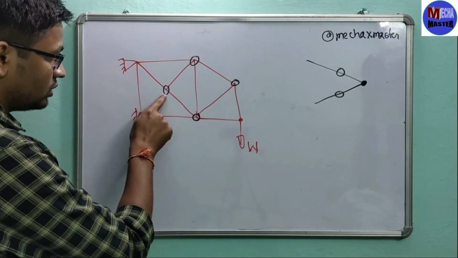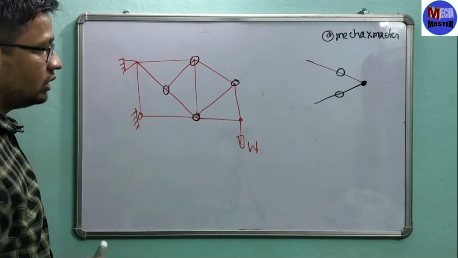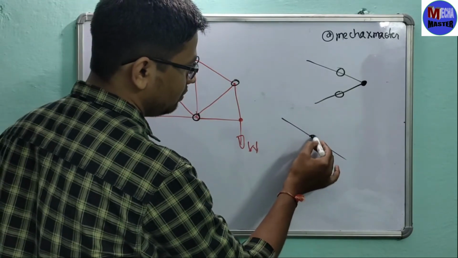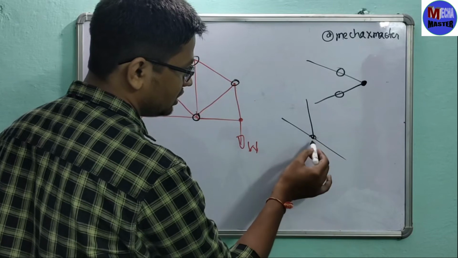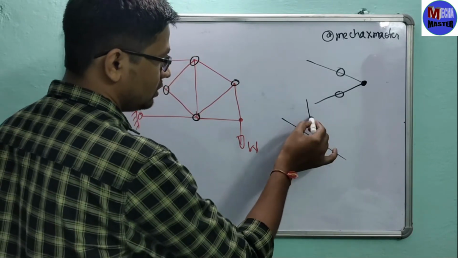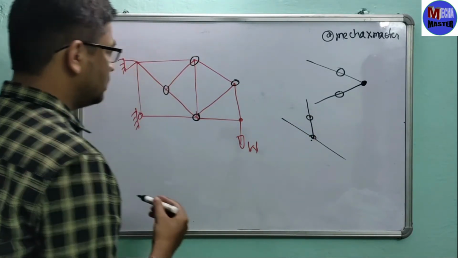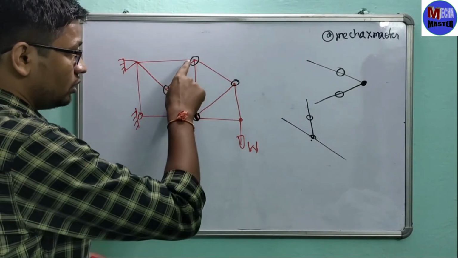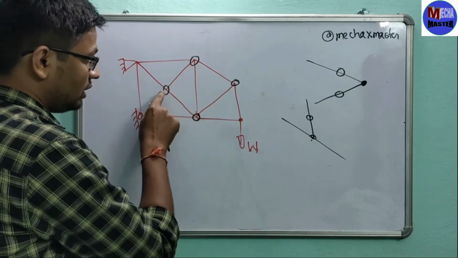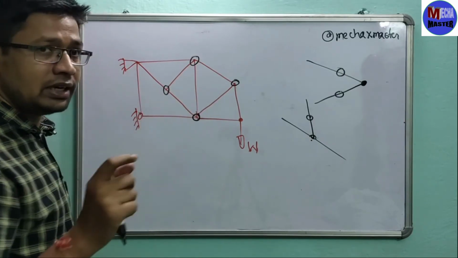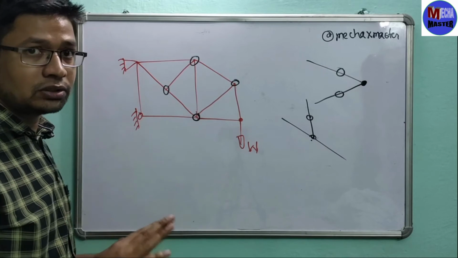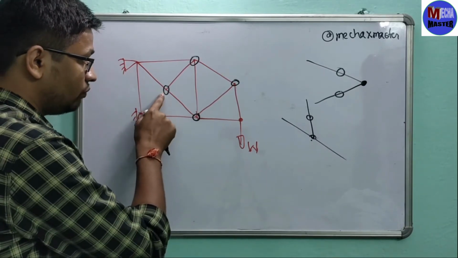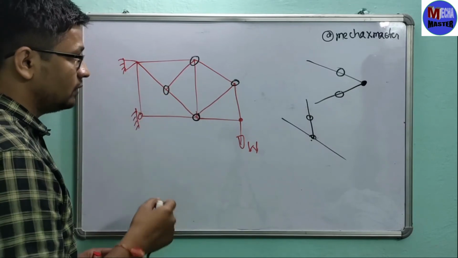So this is important because this is based on the first rule, that if 2 links are collinear and there is a third member connected at the joint, and if there is no external force at this joint, this member will be a zero force member. And the other important thing is, you should not pay attention to all joints at a time, you have to pay attention to the joint only where you are doing your analysis.